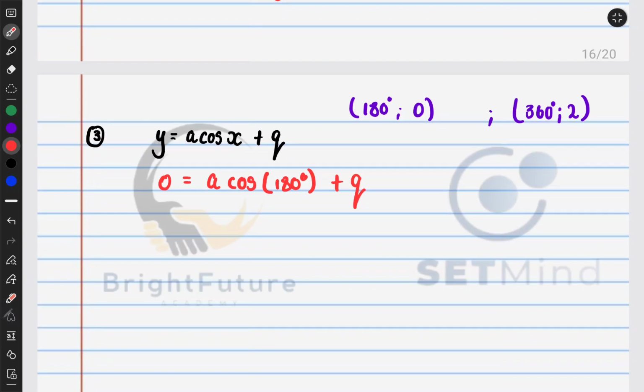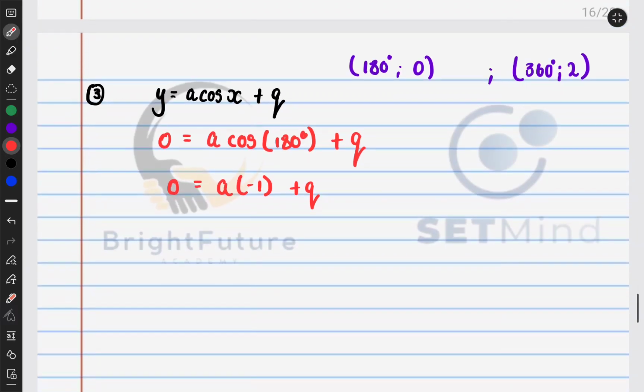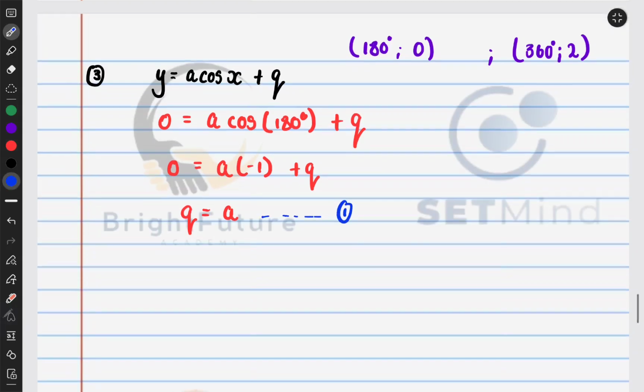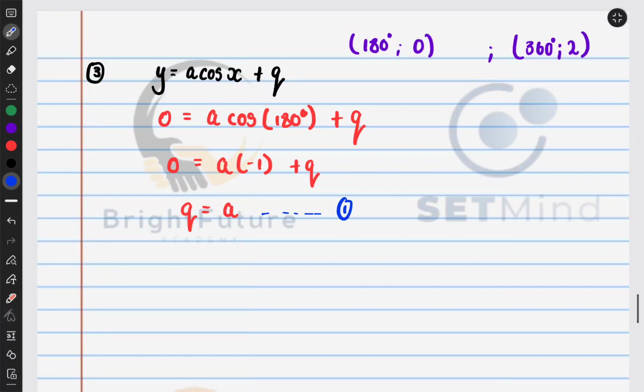It is -1. Therefore 0 is equal to a multiplied by -1 plus q. Let's take a to the other side. Therefore q is equal to a. That is equation 1.